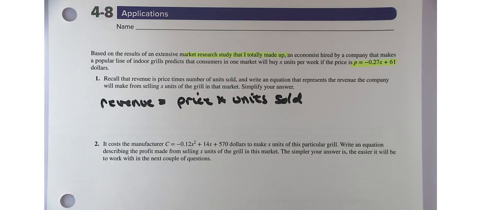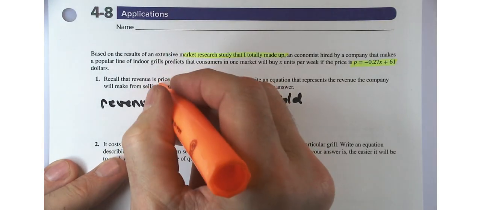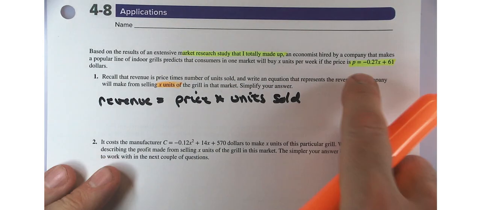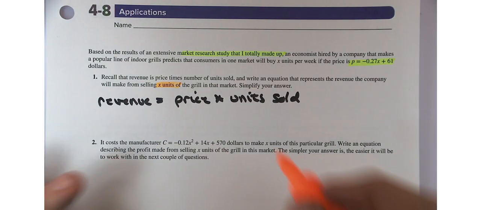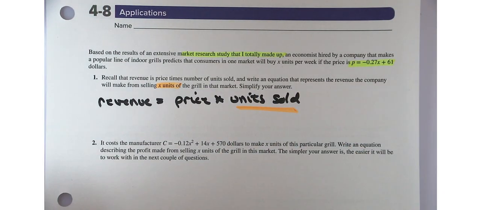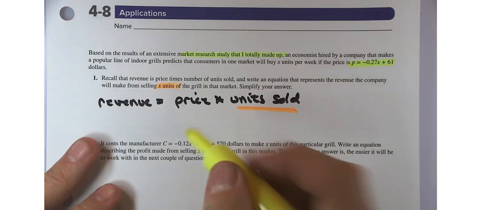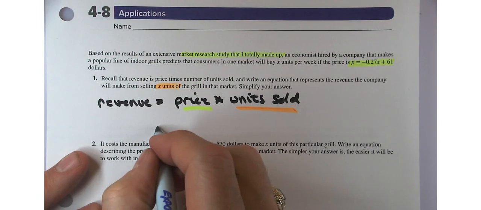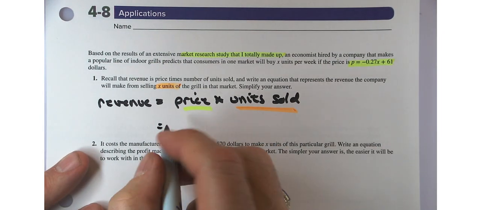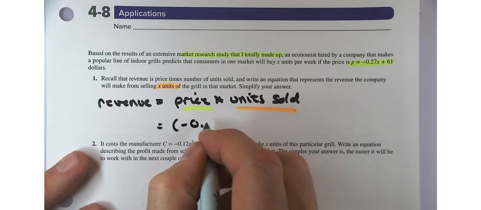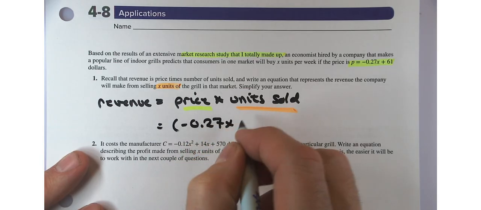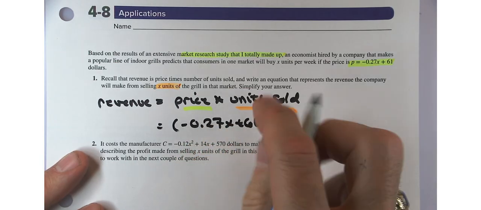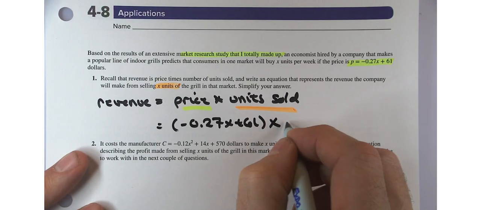As far as our units sold is concerned, that's going to be our X. And then we've got our price over here. Let's see if we can put those two things together and then simplify our answer. So that's going to be price, which is negative 0.27x plus 61, times units sold, which is X.